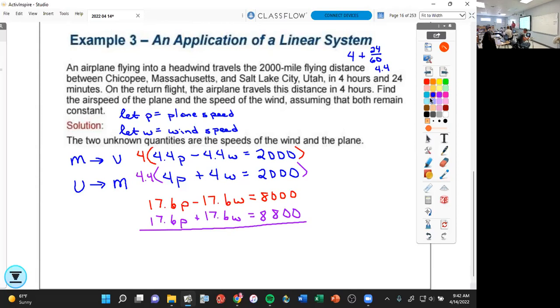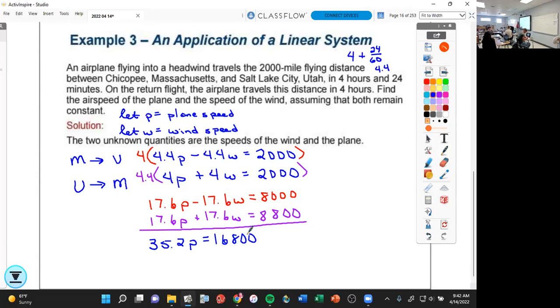Combine, 17.6 plus 17.6 gives us 35.2 P. The wind is gone. 8,000 plus 8,800 is 16,800.